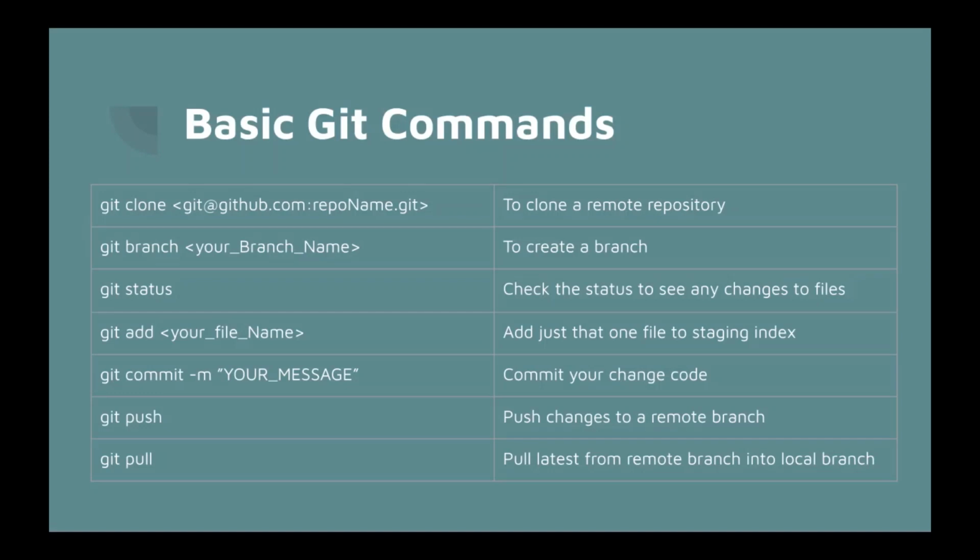If you want to add some file to the staging index, then commit those changes, and finally push to the remote branch. And if someone else wants to use your code, they have to pull your code into their branch. To achieve all these, you have the commands written over here. You can check this and practice those.